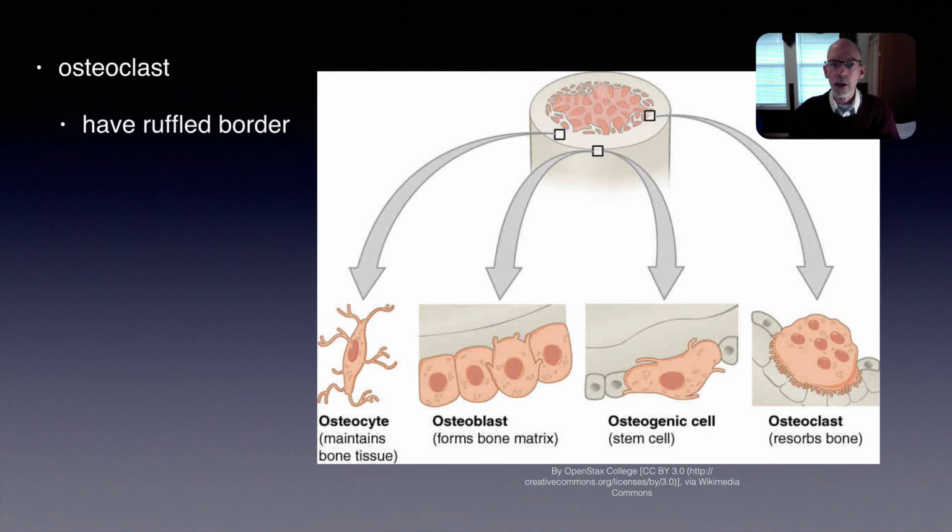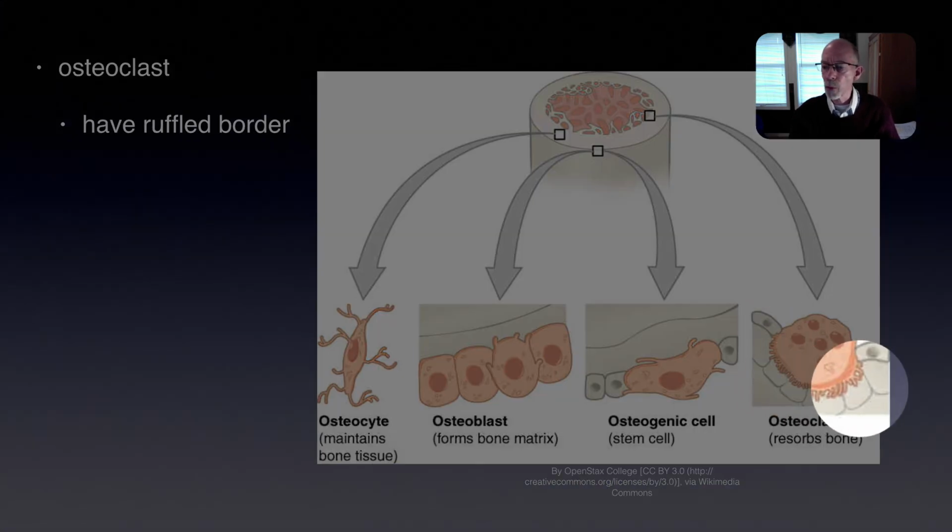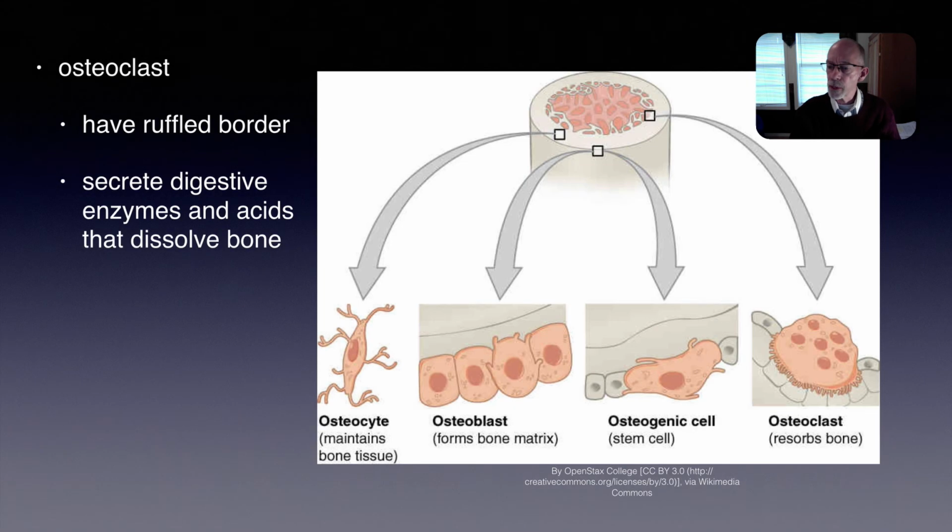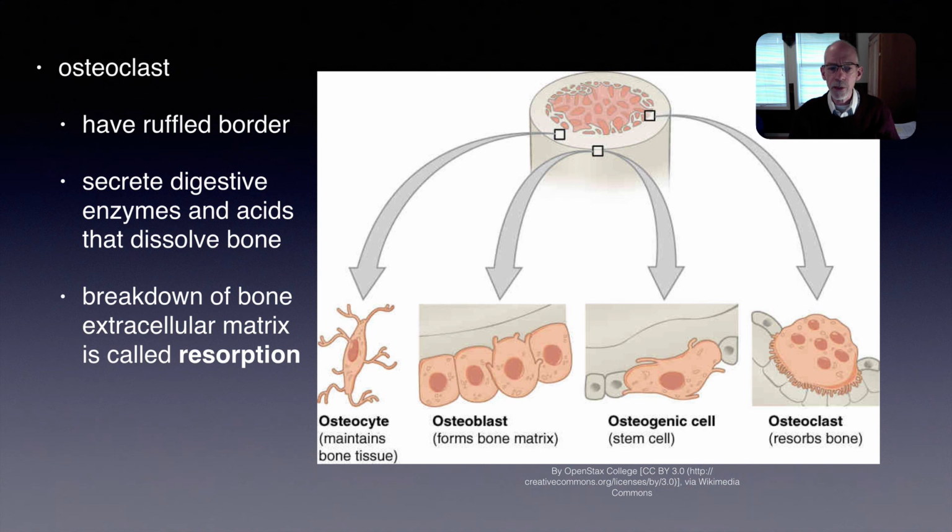These osteoclasts have what is called a ruffled border that you can see here in this diagram. These cells secrete digestive enzymes and acids that are used for dissolving bone. This process of breaking down bone, that is dissolving it using these digestive enzymes, is called resorption. This is actually a normal process found in bone tissue. It's part of the process of remodeling.